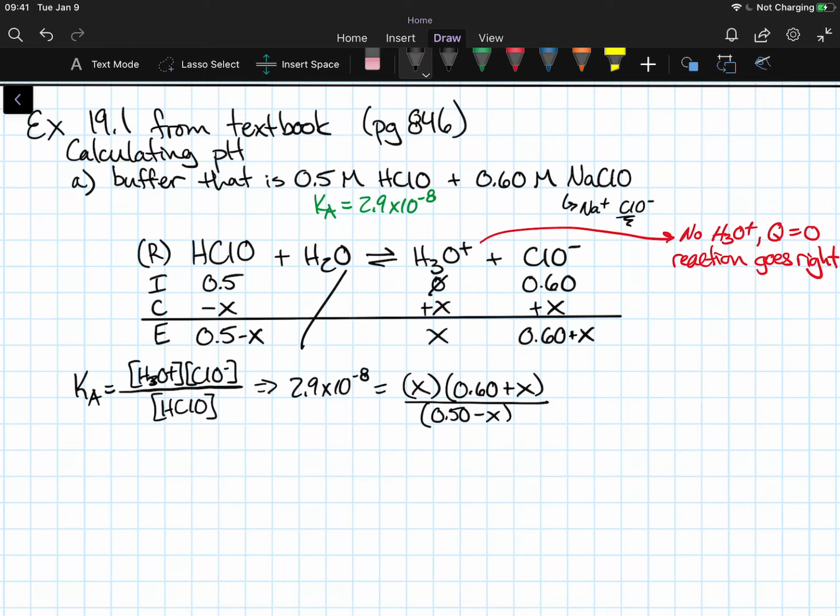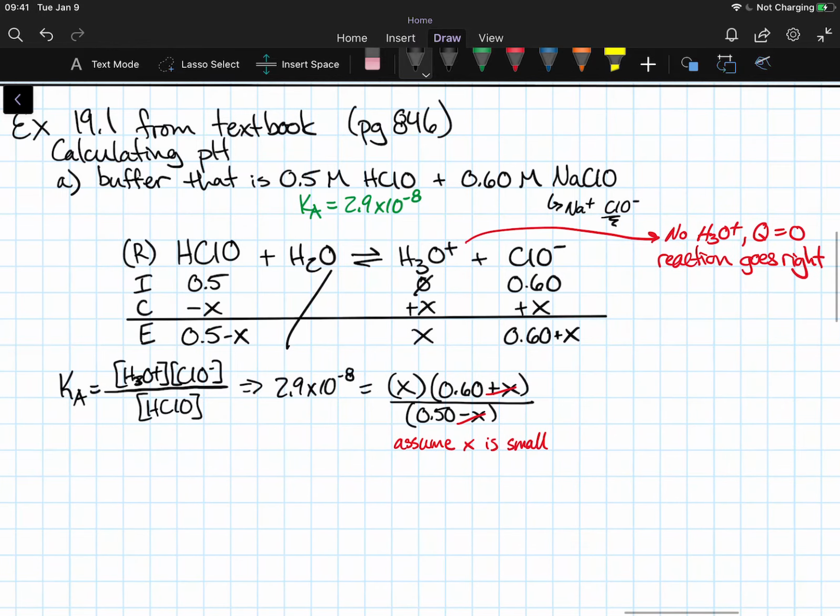Now we're all good, and it's not going to matter that much because we're just going to assume both of these are small. So this simplifies it down, and we're left with 2.9 times 10 to the negative 8th is equal to x times 0.60 over 0.50.